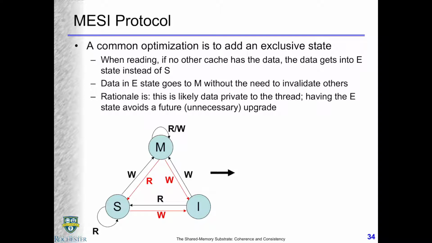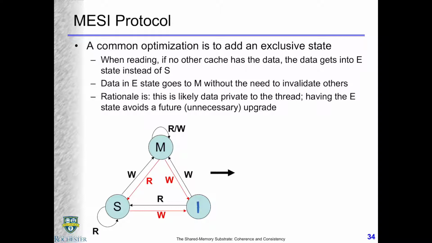When I'm in the invalid state and I issue a read, sometimes I may be able to realize that I'm the only node in the system to get this data, and this happens a lot. Even in parallel programs, you have private data, data that is private to one thread. Think about the stack data structure for the thread running on a particular processor. It would be silly to have to go through this transaction of invalidating or trying to invalidate any other copy, not finding any.